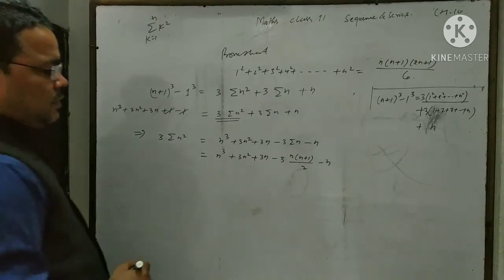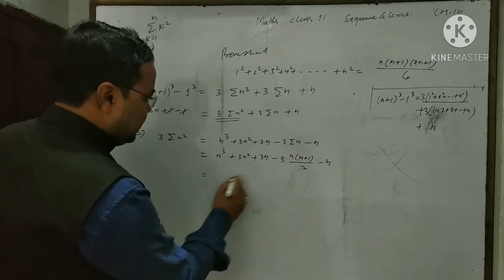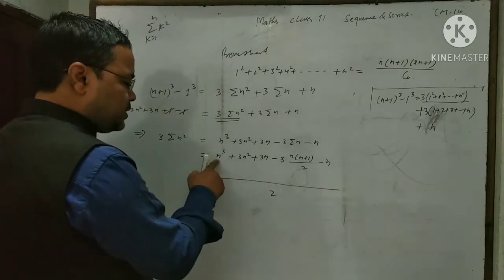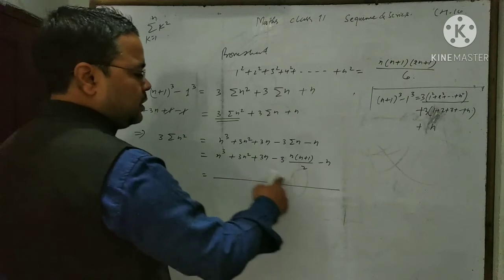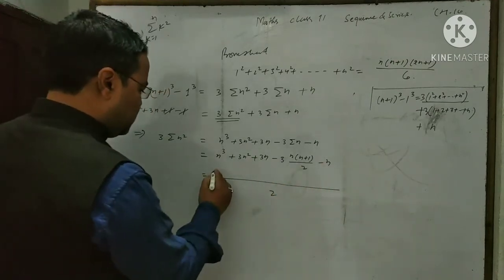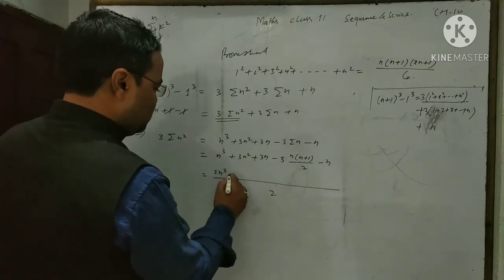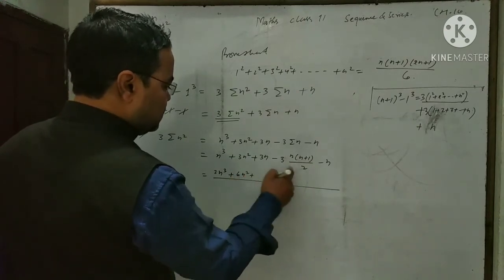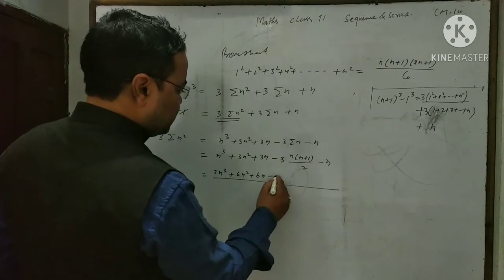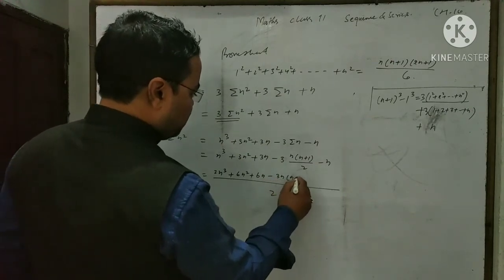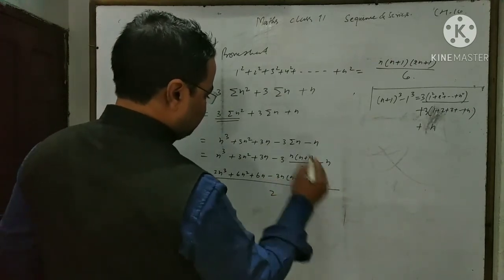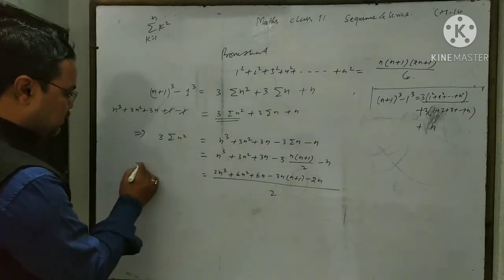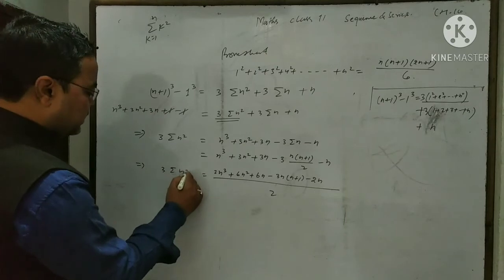Now here we can take common denominator 2, because the denominator is 1 here also, and here also. Then it will be 2n³ plus 6n² plus 6n minus 3n(n+1) minus 2n, which equals 6 sigma n².